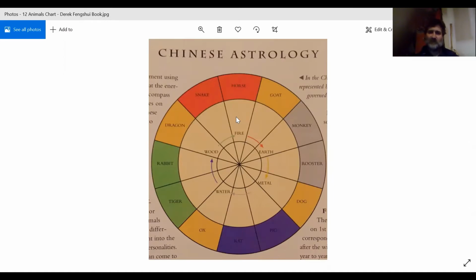For purposes of this discussion, the earth is in the middle. Okay, so earth is going to be in the very middle. Water, so look at this in terms of a clock or a map. I mainly want to use this as the feng shui map.